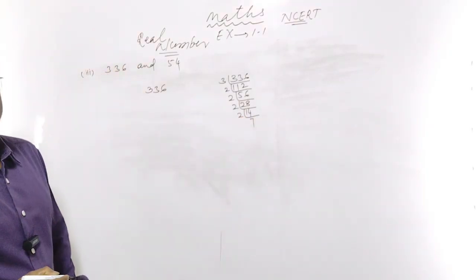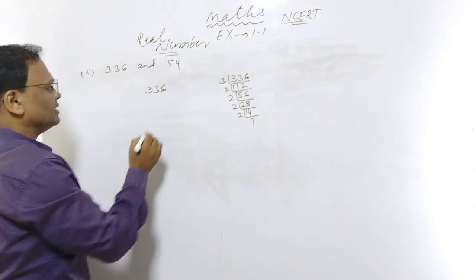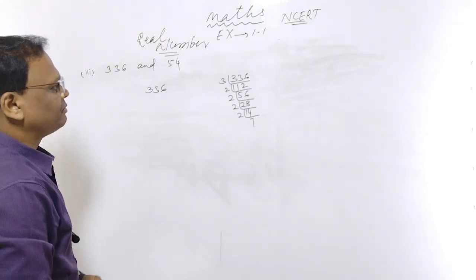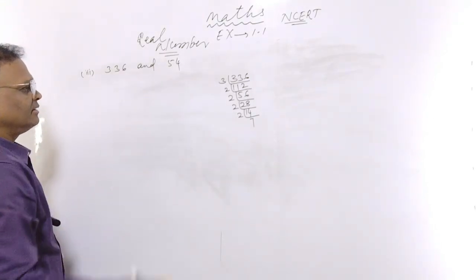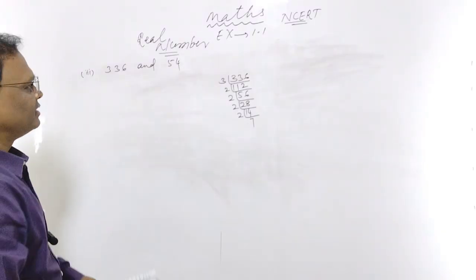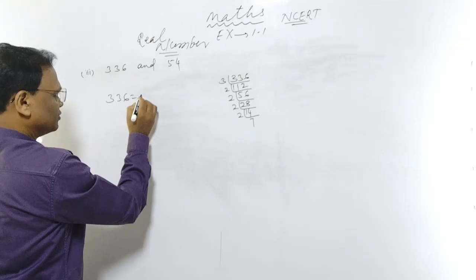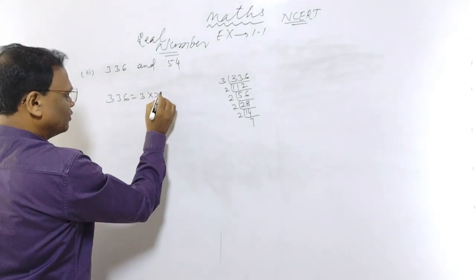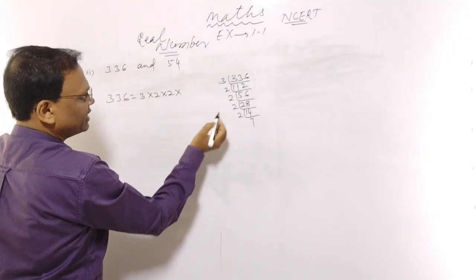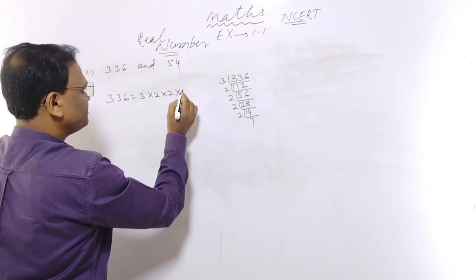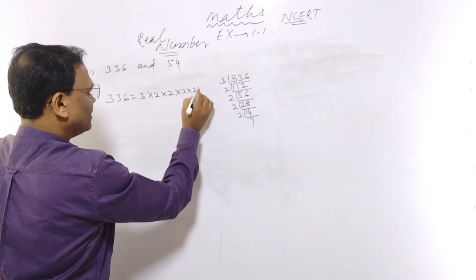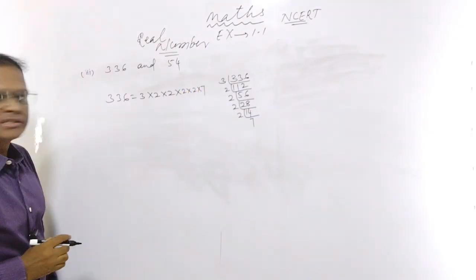So these are the prime factors of 336. So 336 is equal to 3 into 2 into 2, how many are there? 1 2 3 4, and into 7. 336 over.